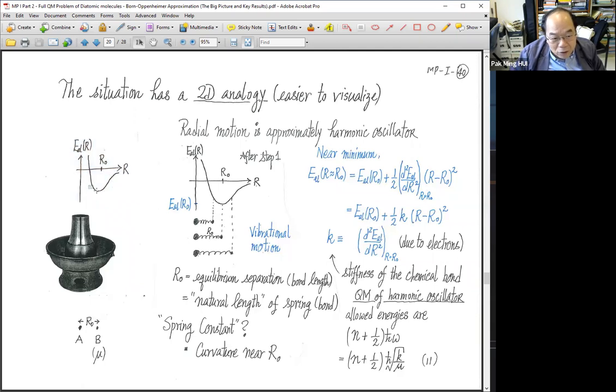What happens? Again, along the radial direction, it will be vibrating, right? But there is also an angular motion surrounding in the valley. Do you see my cross?